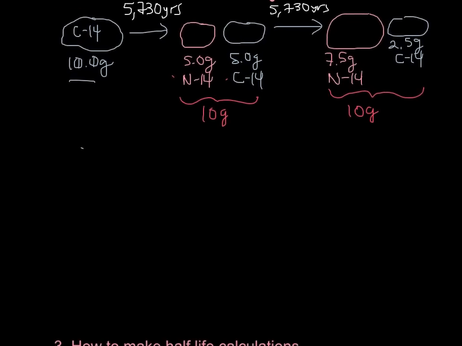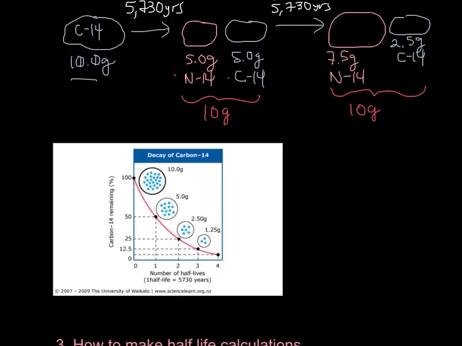So I actually have a graph for the nuclear decay of carbon-14 over time. It's the same numbers I just used. Here we have 10 grams of carbon-14, and then of course after 5,730 years, we have 5 grams, and then after another 5,730 years, which is a second half-life, we would only have 2.5 grams.